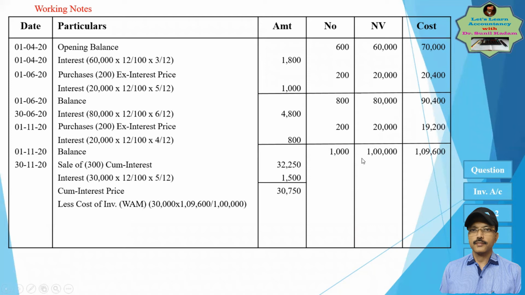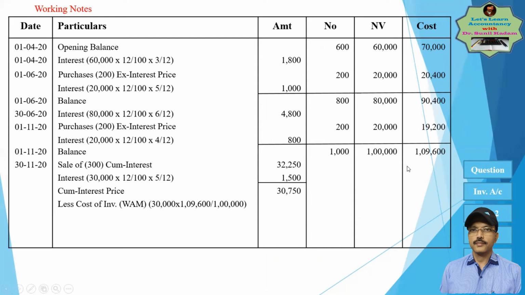The cost on this particular investment has to be calculated for calculating profit or loss. For the 1 lakh nominal value, the cost is 1,09,600. Now how much nominal value are we going to sell? 30,000. So how much would be the cost for 30,000?